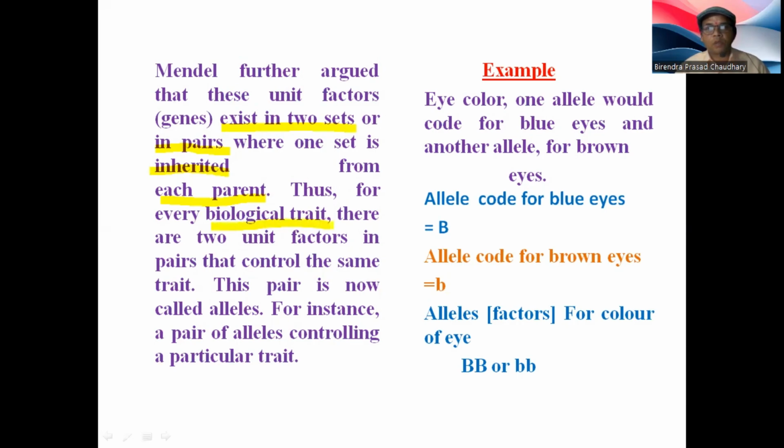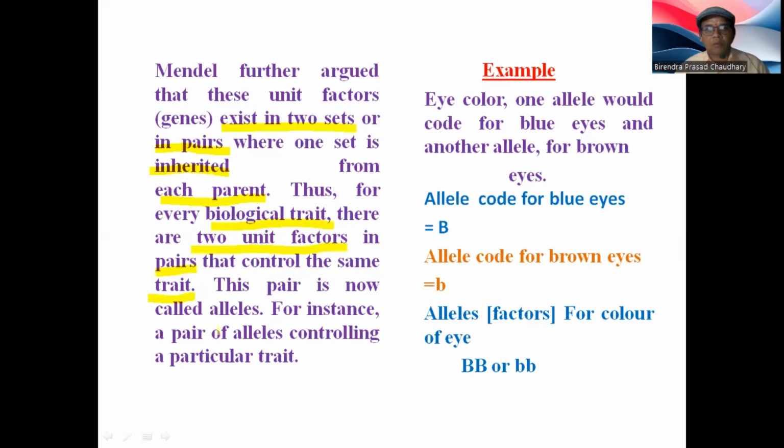Character. जुनसुकै biological character को लागि there are two unit factors. दुईवटा unit factor को आवश्यकता पर्छ। In pairs, they should be in pair, that control the same trait. र त्यो ट्रेटलाई के गर्छ त? कन्ट्रोल गर्छ। Even though they came from different parents and they are in pair, they control the same trait.